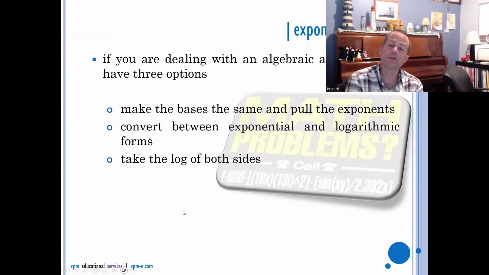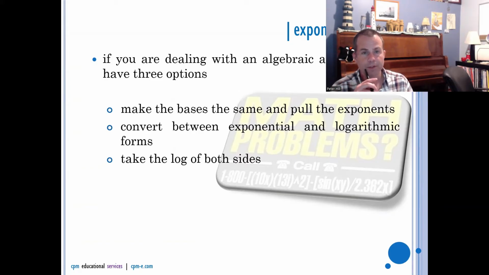If you're dealing with an algebraic approach, you have three options. The first one to try is to make the bases the same. Once you've written a single power on either side with the same base, you can pull the exponents out. Or you can convert between exponential and logarithmic forms to undo something you don't want there.